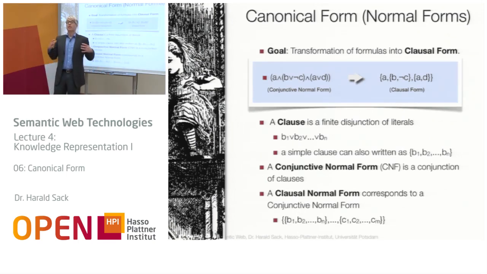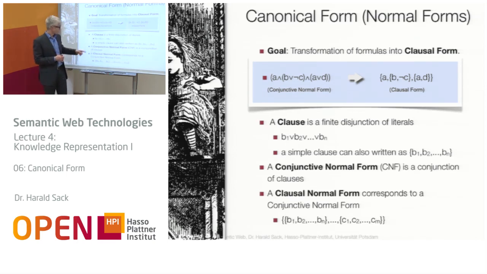Okay, now we consider as a canonical form the so-called conjunctive normal form or clausal form. A conjunctive normal form simply is a conjunction of disjunctions, as you see here. And this can also be represented as a clausal form. So what is a clausal form? A clause itself is nothing else but a finite disjunction of literals. And the literal might be a positive or a negative variable, for example.